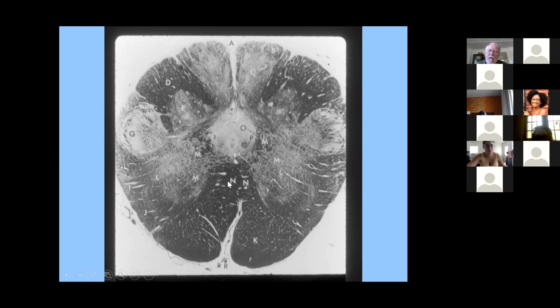So the medial lemniscus is the fibers of the gracile and cuneate nucleus. This particular N is coming from these cells. This particular N is coming from these cells because the internal arcuate fibers have decussated.